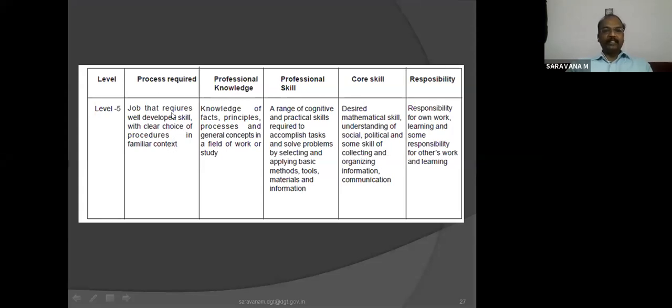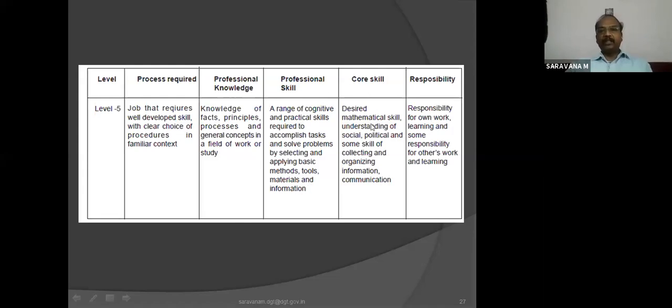Process required is a job that requires well-developed skill and knowledge. And professional knowledge is knowledge of facts, principles, processes, and general concepts in the field of work or study. So knowledge gained is professional knowledge. And professional skill is when he has learned the knowledge and has to apply it in practical skill.